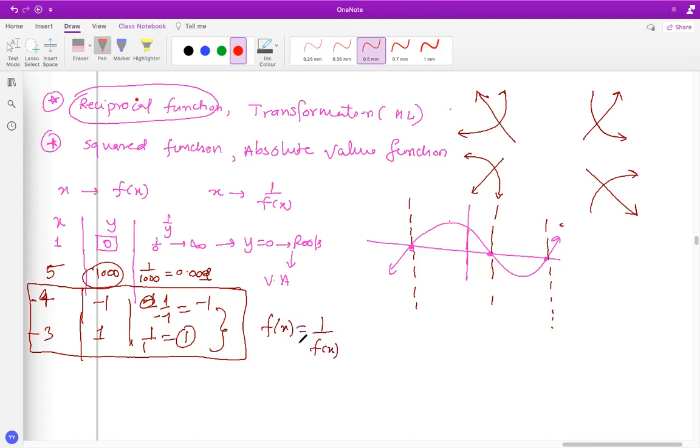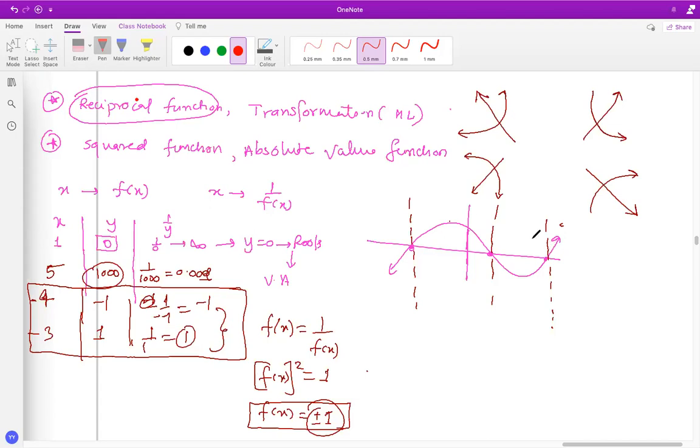If I equate the function and its reciprocal, you notice that the function squared is 1, so the function is plus or minus 1. So the function and its reciprocal will always intersect along y equals 1 and -1, if at all.